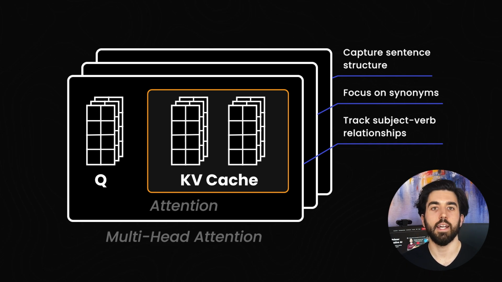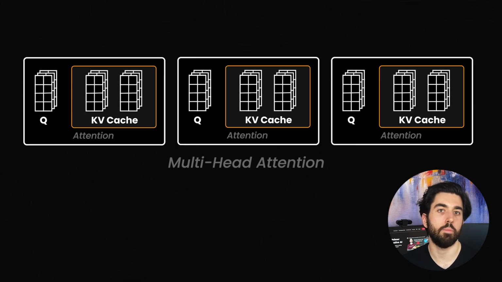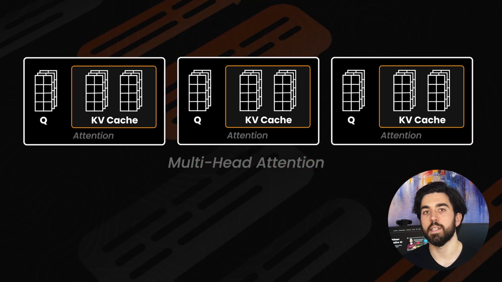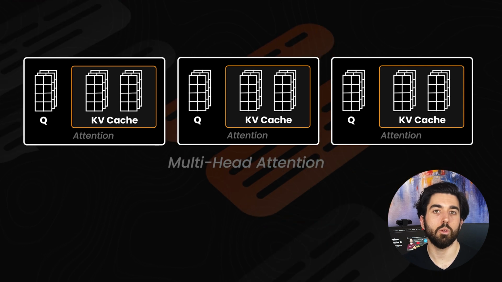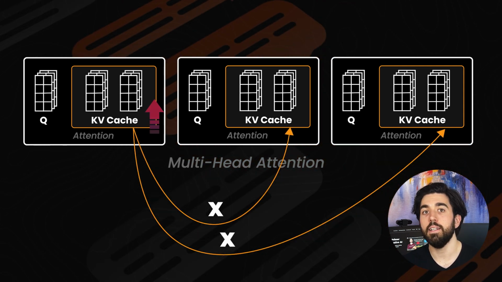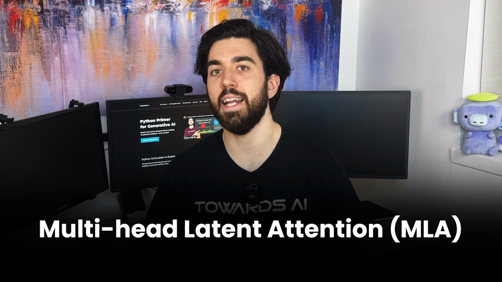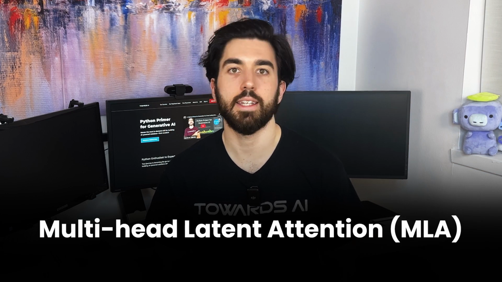While this multi-head approach enriches the model's understanding, it also means each head requires its own set of KV pairs. As a result, when processing longer contexts or handling real-time text, these separate keys and values multiply, leading to enormous memory demands. This is where multi-head latent attention, MLA, came in.